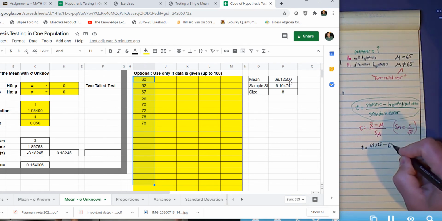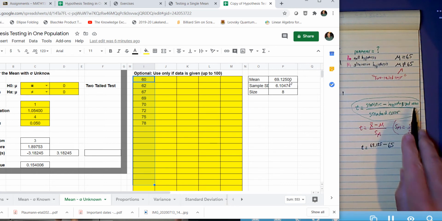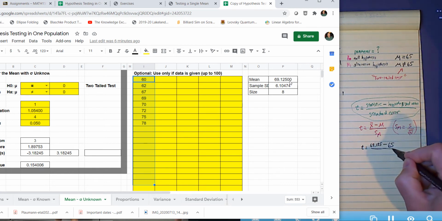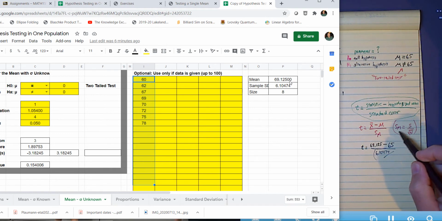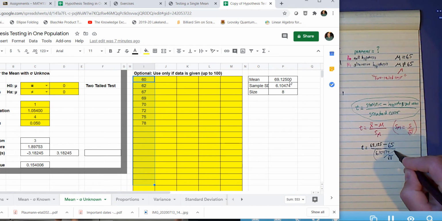So that would be 65 if the hypothesis were true, right? Hypothesized value over the standard error. So the standard deviation is 6.10474, but we need to divide by the square root of n, so that's the square root of 8. And if you calculate that, you will get the t value.